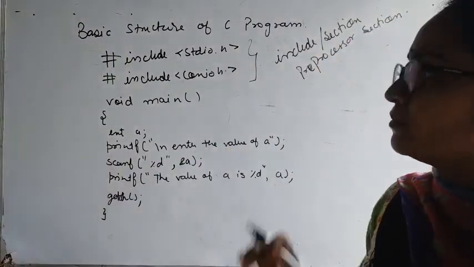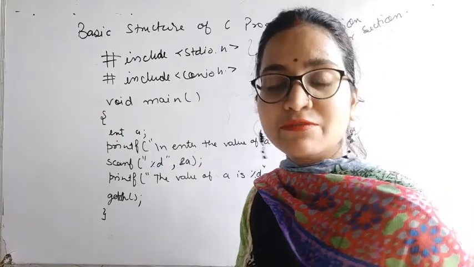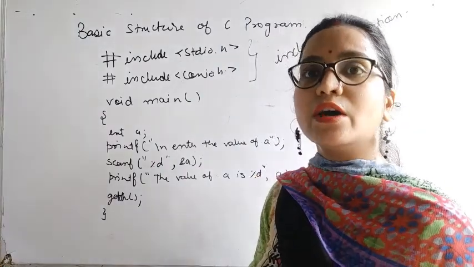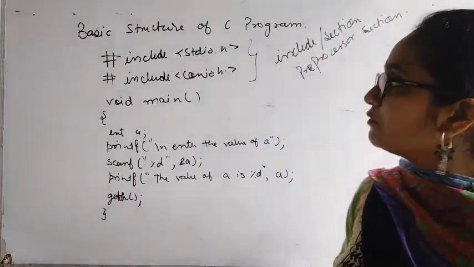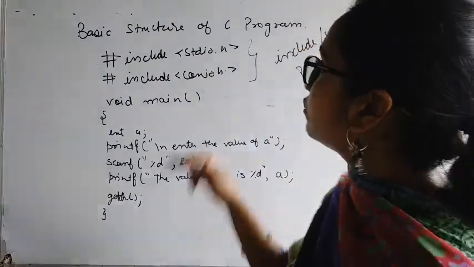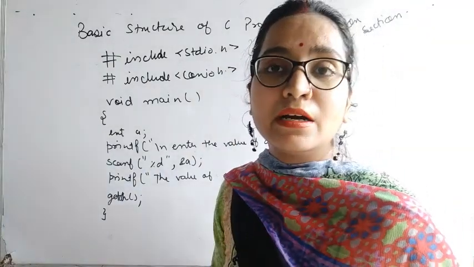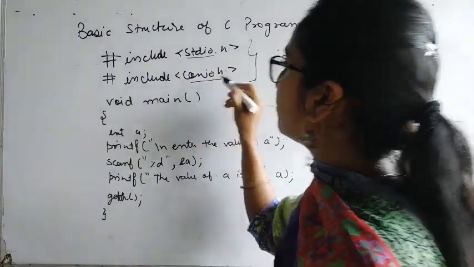In our programs, the functions can basically be of two types: built-in functions or user-defined functions. So if we want to use built-in functions of C, we have to include the particular header file. So these two are header files.